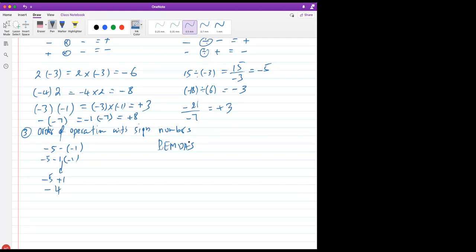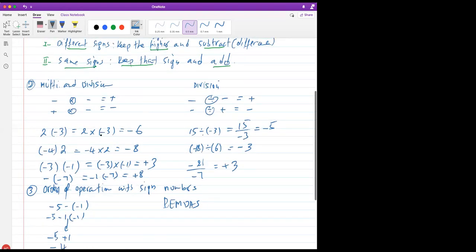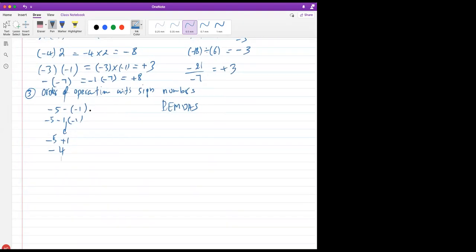Okay, so again, figure out which operation to do. And then when you figure out the operation, you use the appropriate rules, either addition or subtraction or multiplication and division. They're totally different. Professor, can you do another double negative? Okay, so let's say you have 7 and you have minus minus 2.